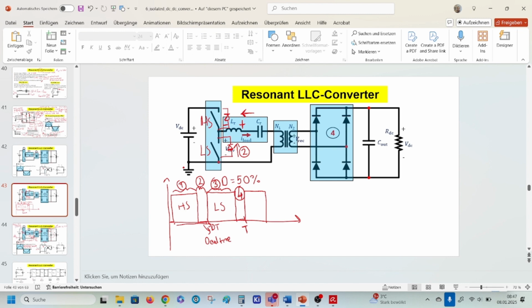This is off, this is also off, but in this case the current will flow into my source and comes back again to discharge the reactive component. And then the same whole thing will be repeated.